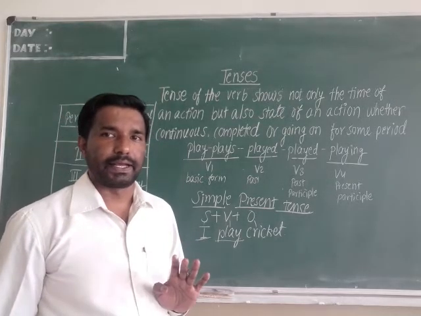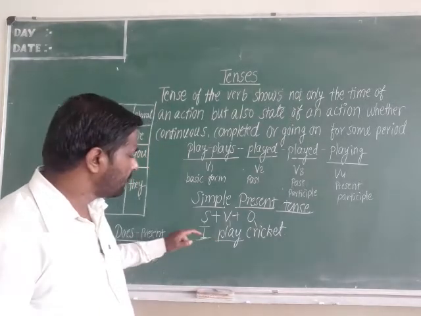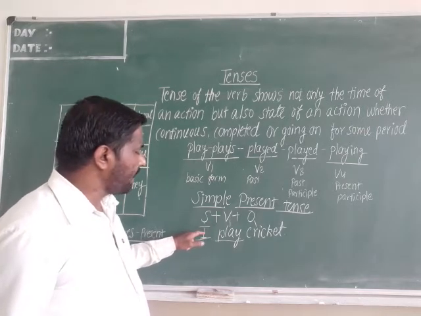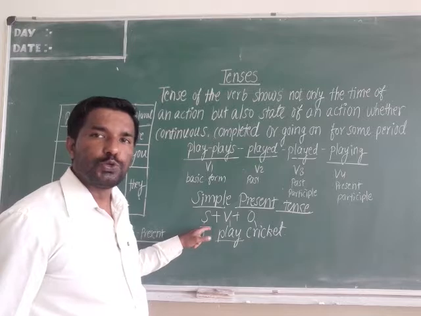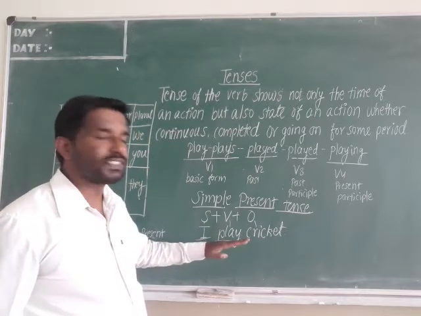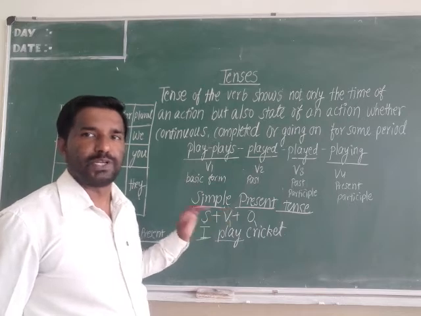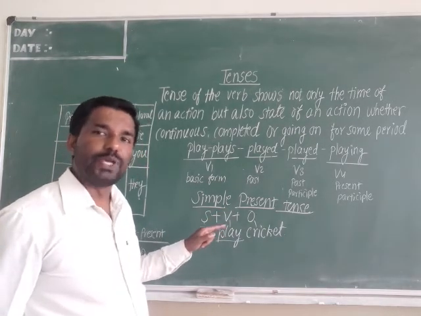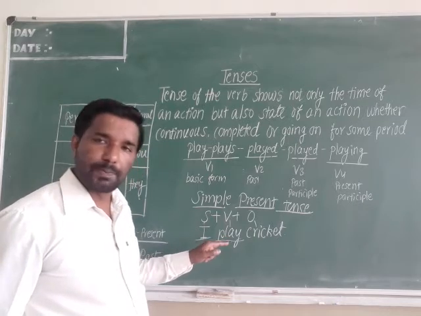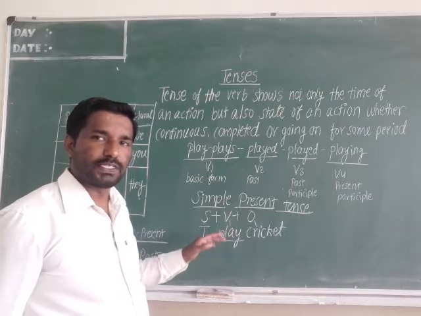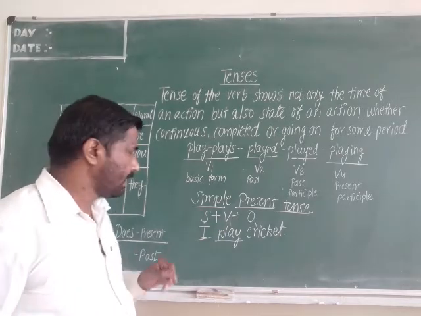I play cricket. And you see here, for I, we, you, they, for all these things, the sentence structure will be same. There is no change in it. I play cricket, we play cricket, they play cricket, you play cricket. For all these things, it is same.